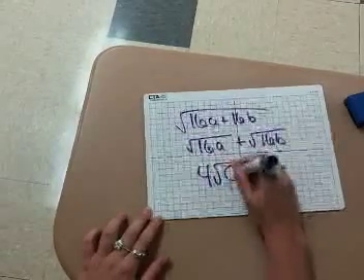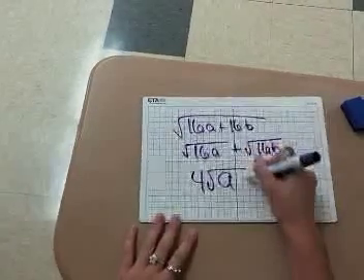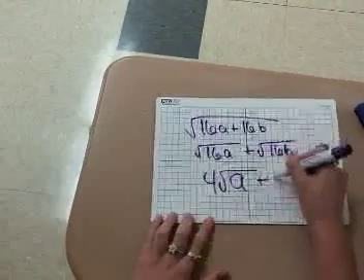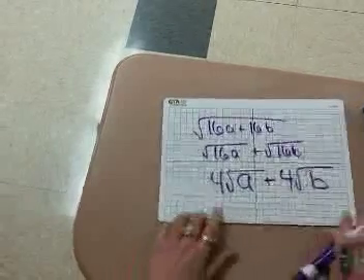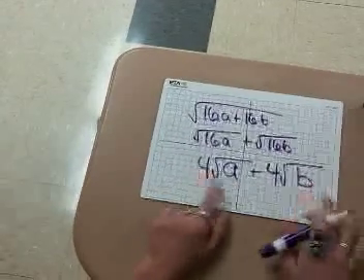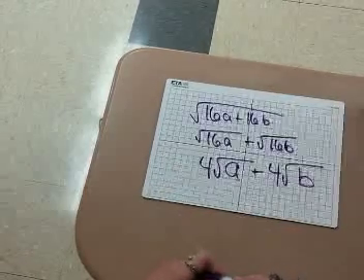A you can't because it's just a, and we don't know its value. And then you do the same thing for 16b, so you get 4 root b, and that is your final answer because neither of those can be combined or simplified, and the 4's can't be simplified either.